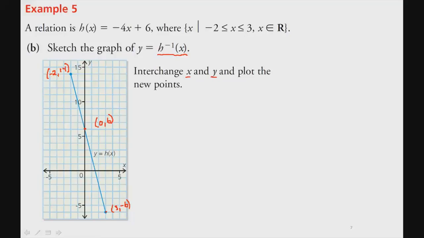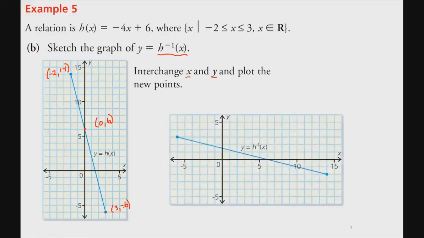So it's going to be 14 comma minus 2, 6 comma 0, minus 6 comma 3, and regraph those points, and that will be our inverse function. So this is it over here. If we look at these new points, it is the point 6 comma 0 there. It is the point 14 comma minus 2, and it is the point minus 6 and up 3.